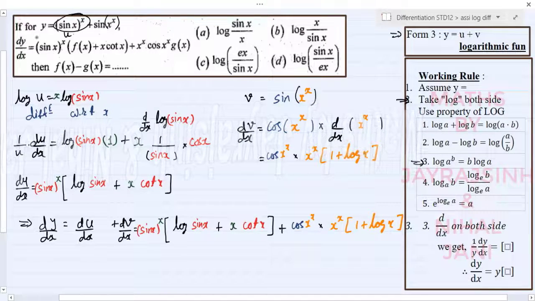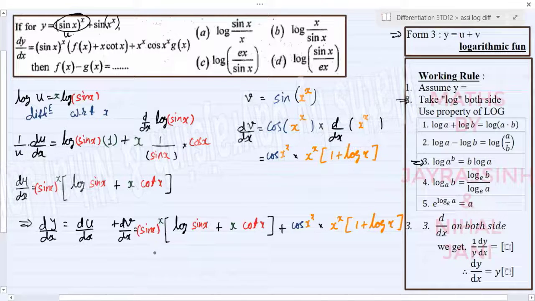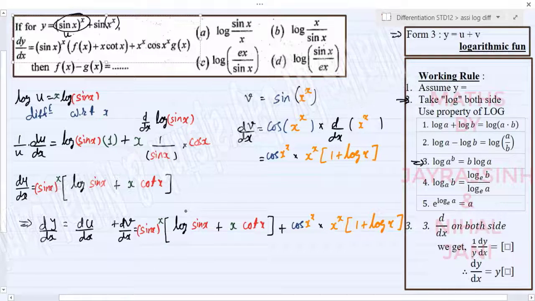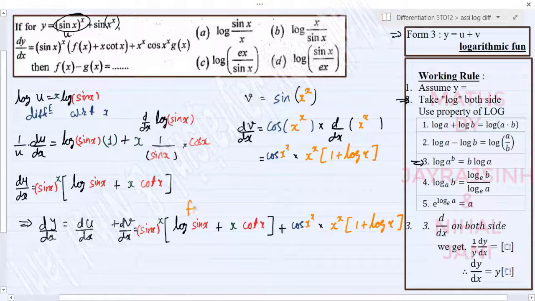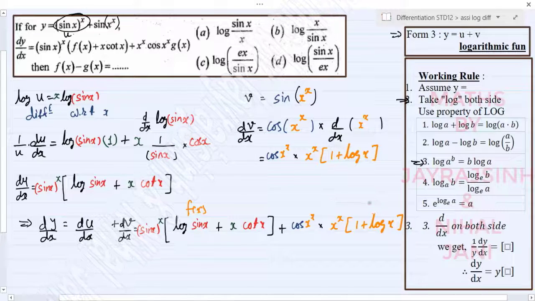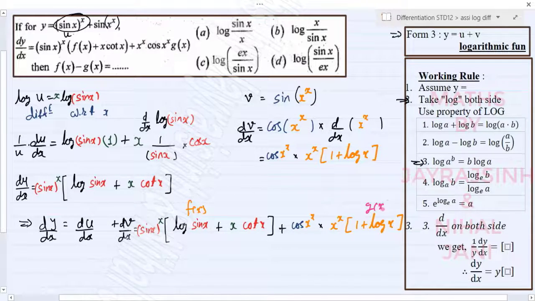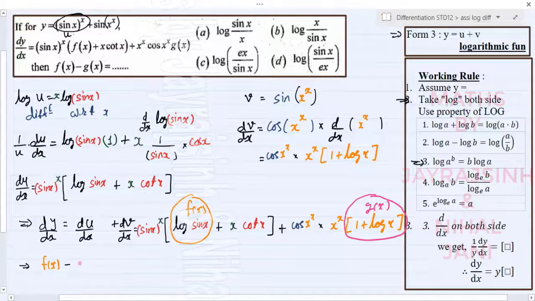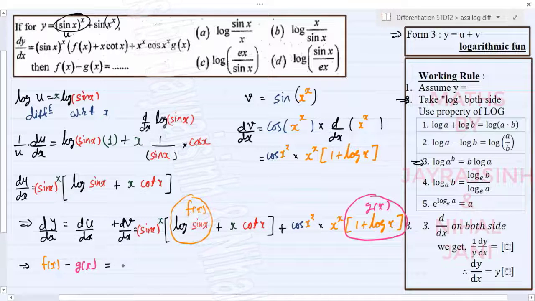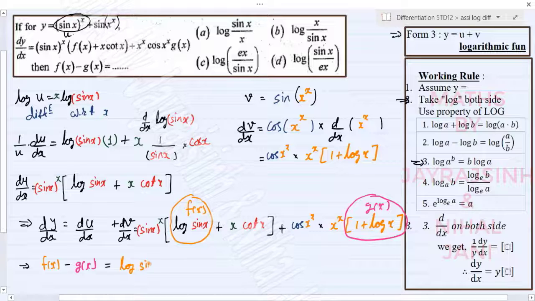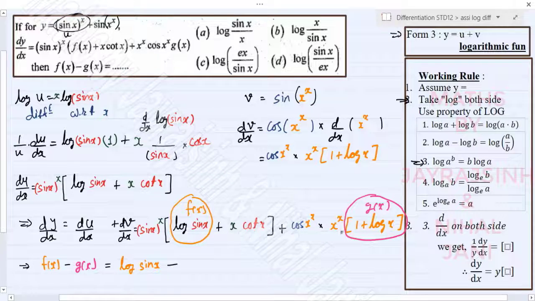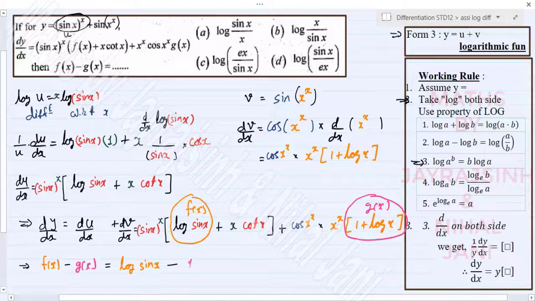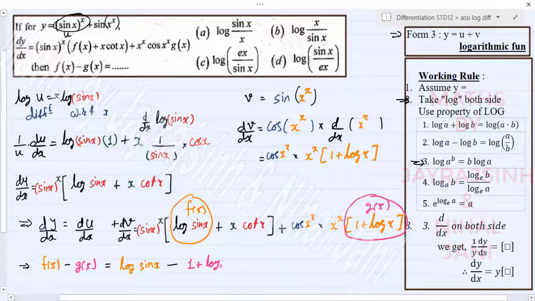Now let's compare with the given dy by dx. So we will get our fx as well as your gx. Now we have to find fx minus gx. So your fx is simply log sin x minus your gx is simply 1 plus log x.